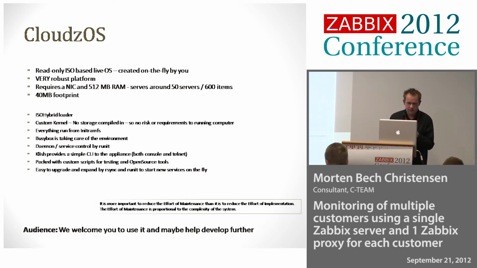Yeah, it comes packed with custom scripts for testing and open source tools ready to use. The Cloud C has a Zabbix Proxy and the Zabbix agent, so you can always query it and get all the results out of the box. It is very easy to upgrade and expand functionality by having an rsync server internally. I will show you that later on.